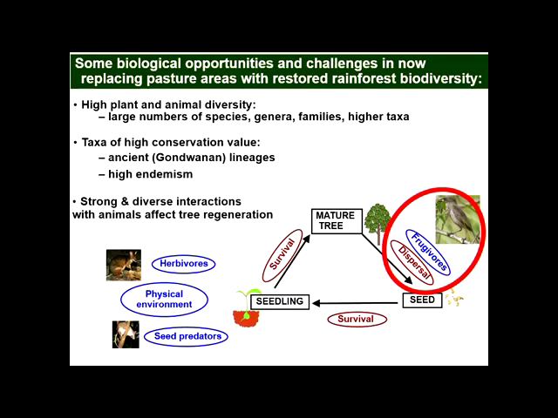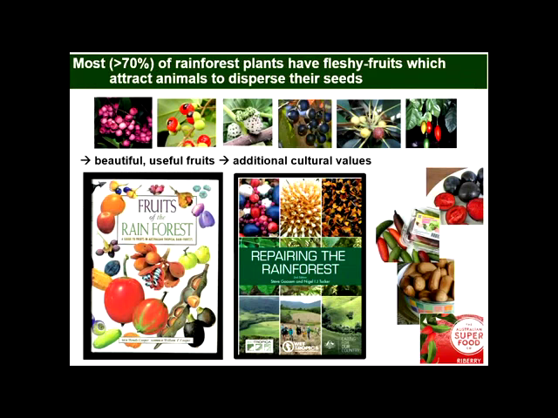And I'm particularly going to focus on dispersal processes. They're really best understood. You've already heard a lot about that. And in these rainforest ecosystems, the majority of rainforest trees really are fleshy fruited, and they use animals in order to disperse their seeds.